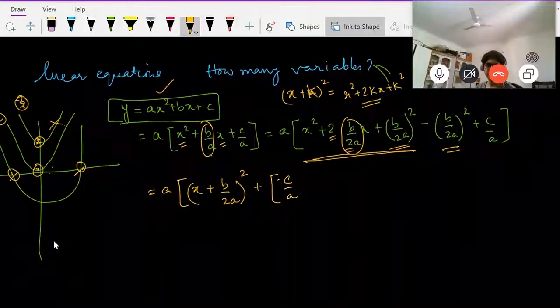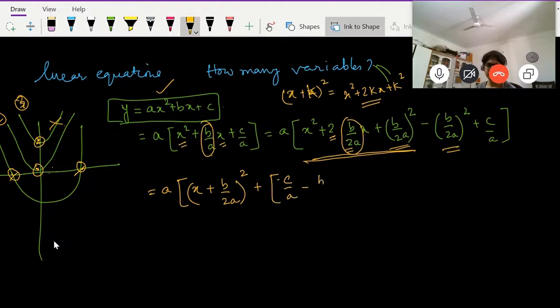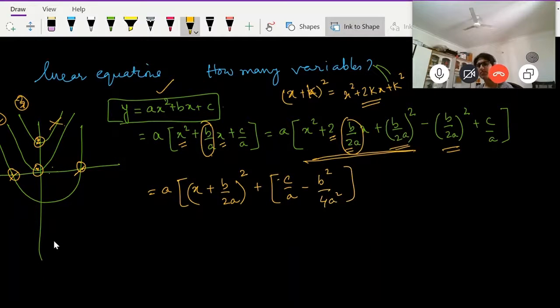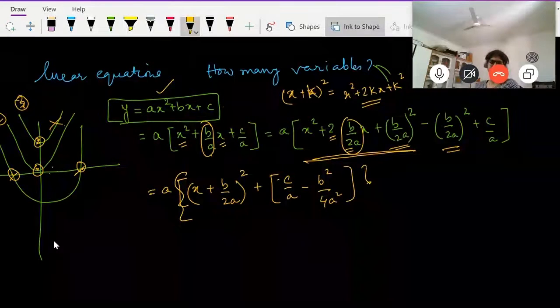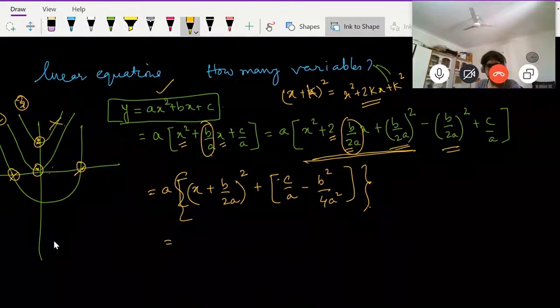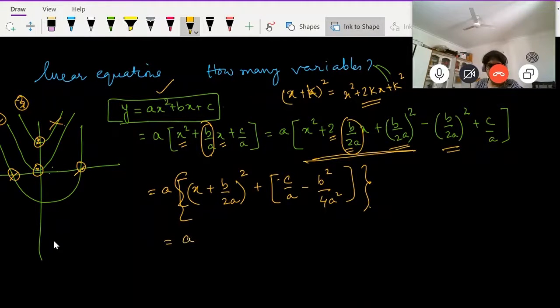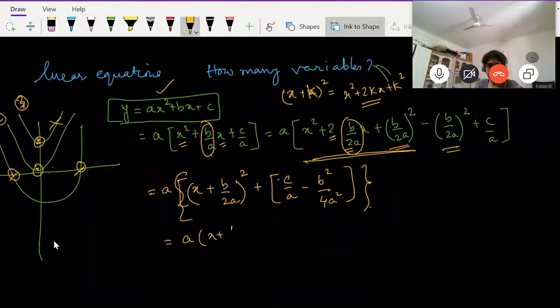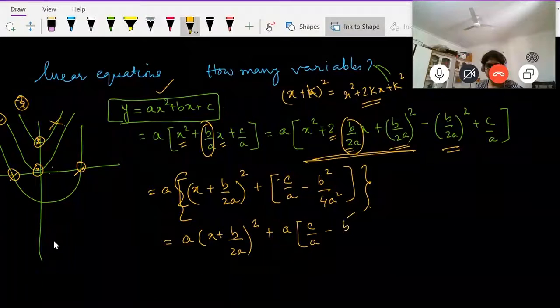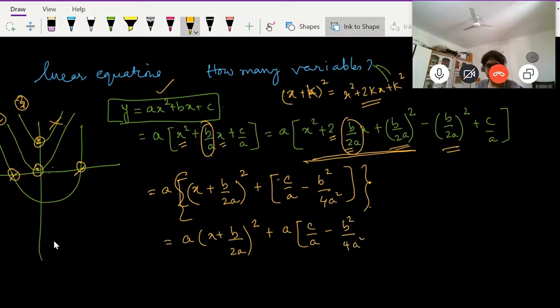Yes, sir. So therefore I can write this as x plus b by 2a whole square plus c by a minus b square by 4a square, right? Correct? Now I can simplify this: a into x plus b by 2a whole square plus a into c by a minus b square by 4a square.